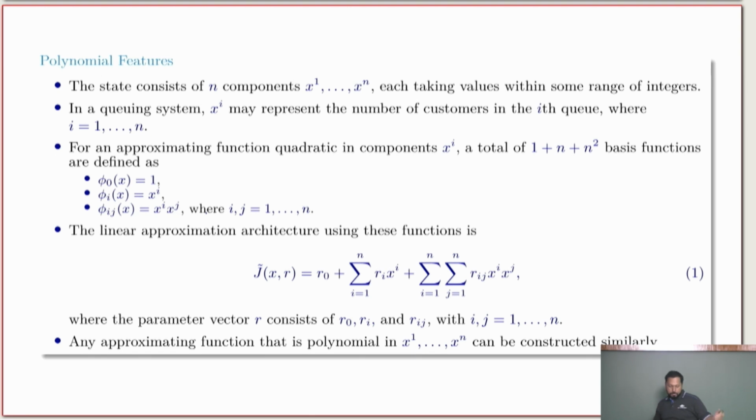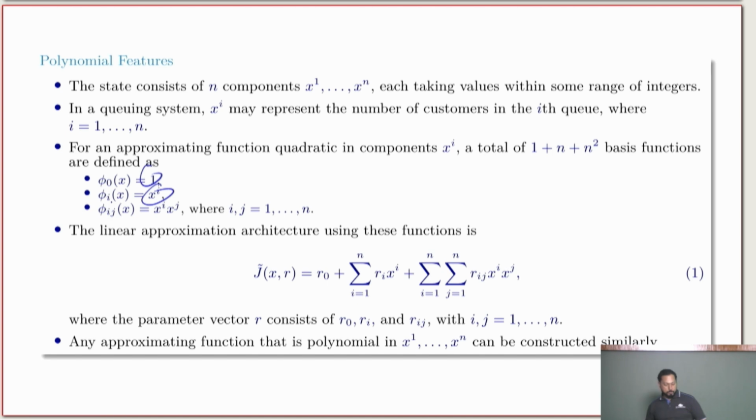The polynomial features are pretty obvious to discuss. So we saw ones and zeros, which are a very special case, piecewise constant. But now you can generalize a little bit. So what are polynomial features? As I said, polynomial features are these 1 or these x to the i, or you can also mix these features.